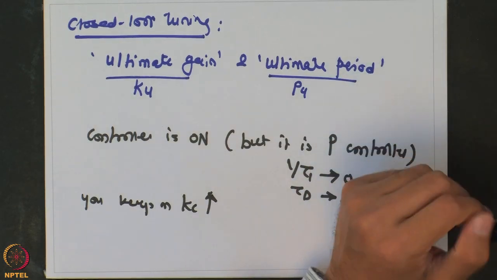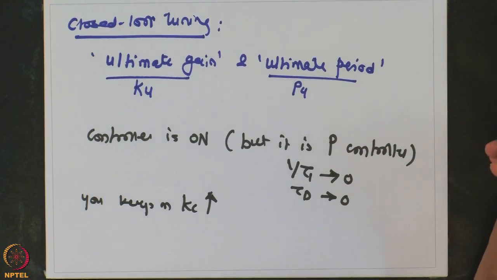We have studied stability. So, you will realize that as you keep on increasing the controller gain, you are eventually going to reach a stability limit, after which the response may become unstable. So, you are not going to make the system unstable, but you are going to find out at what limit the system reaches the stability limit.